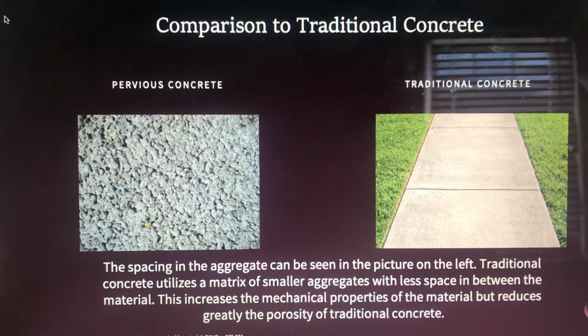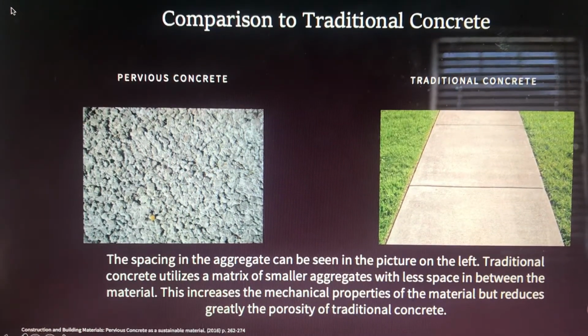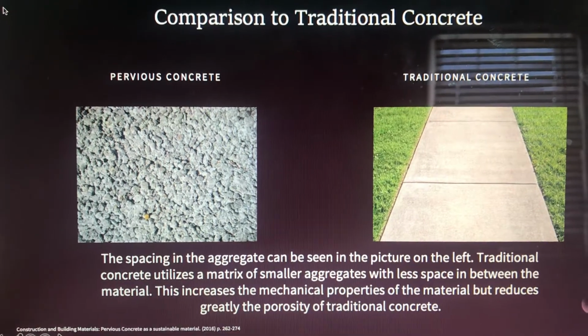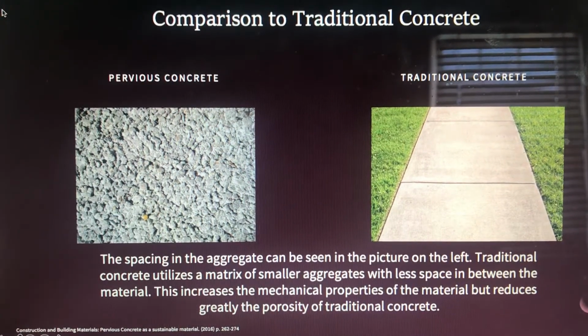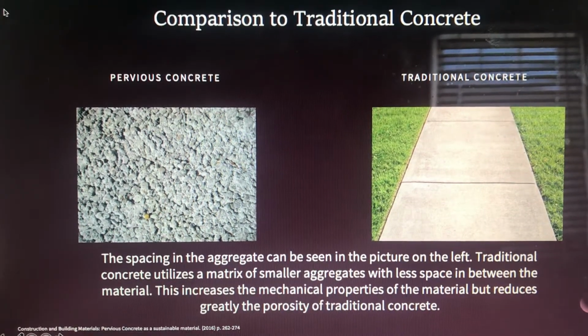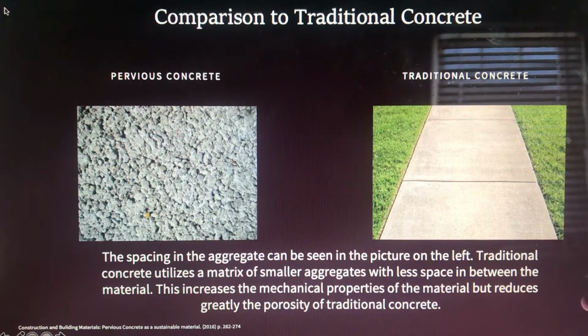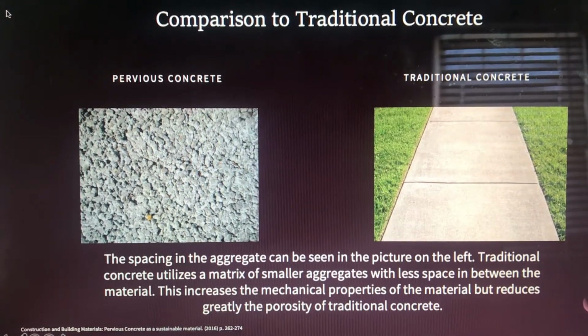So you'll see water build up on traditional concrete that you're not going to see on pervious concrete. Pervious concrete, however, obviously has a lot higher porosity, which is the main effect of implementing pervious concrete in your project. But you will see a reduction in tensile strength and compressive strength, and you have to weigh these pros and cons of implementing pervious concrete compared to traditional concrete.